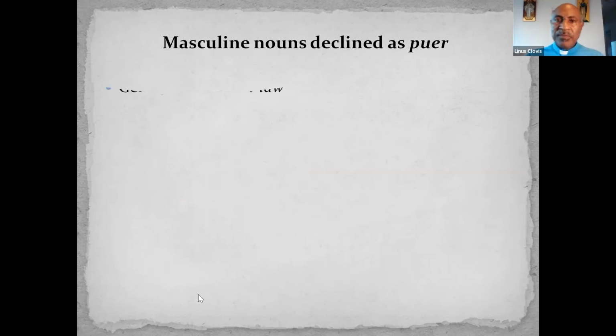So what words? There's several of them, not many, but enough to pay attention to. So what masculine nouns decline like puer? And we have gener. So again, if you put the US, generus, from which we get son-in-law.